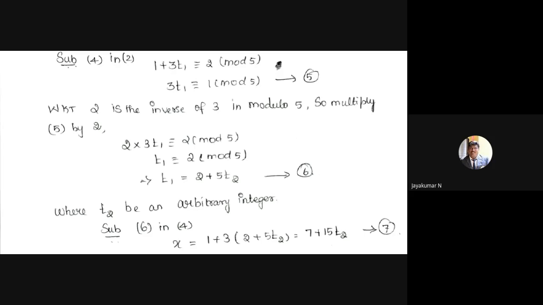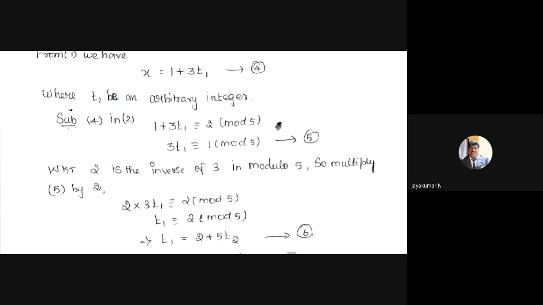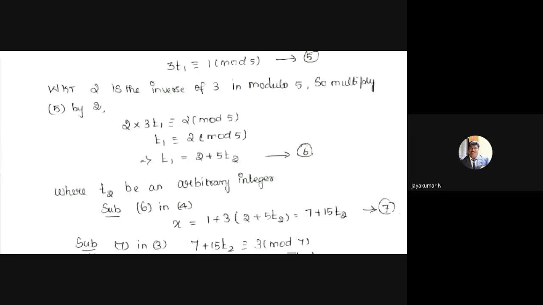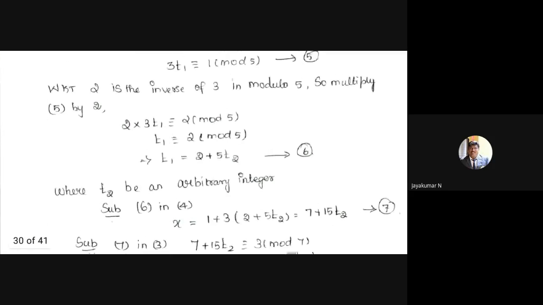So now t1 is equal to 2 plus 5 times t2, which will be substituted in equation number 4. So you can get x is equal to 1 plus 3 times 2 plus 5t2, that equals 7 plus 15t2. Now equation 7 will be substituted in equation number 4.